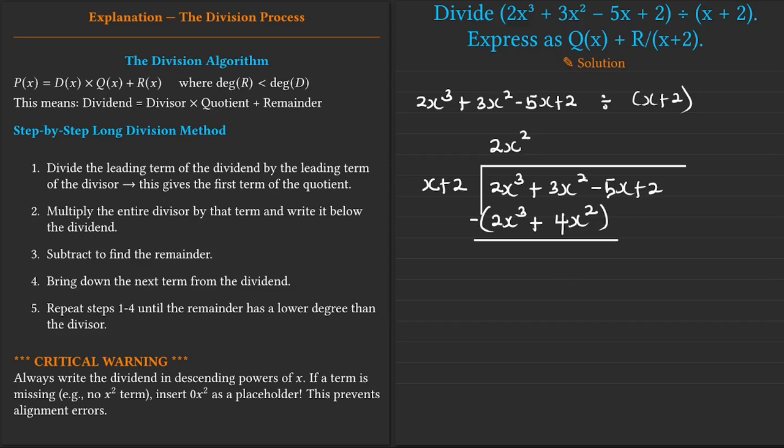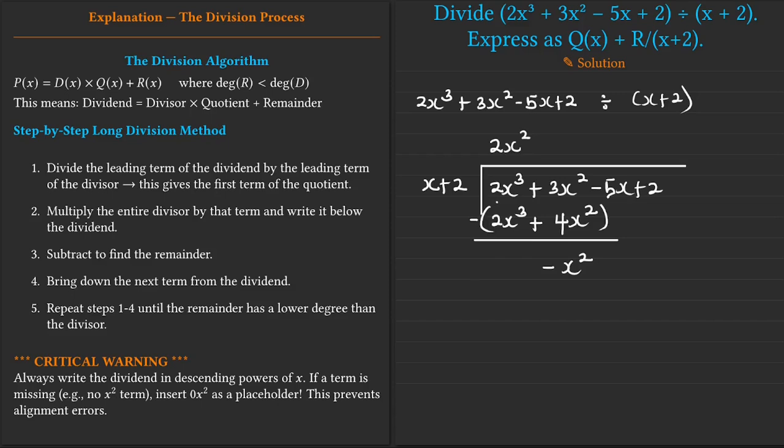So we have 3x squared minus 4x squared. That is 3 minus 4. That gives us a negative x squared. Then we have 2x cubed minus 2x cubed. What happens? We have 0x cubed. Or in other words, we just have a 0, so we don't write anything there.